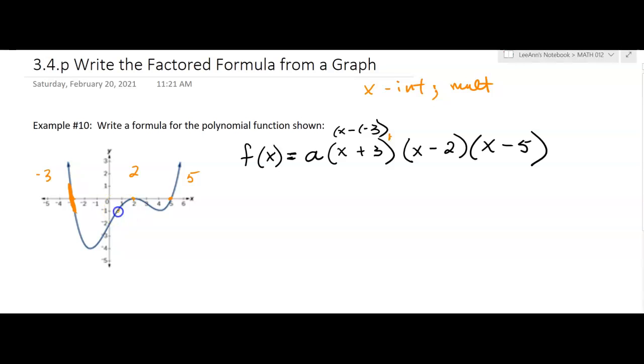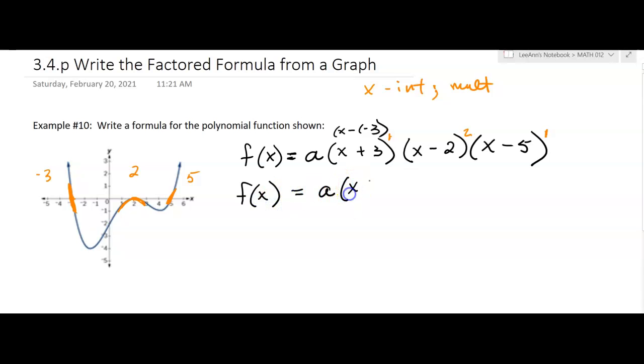And then it looks like it's coming up and touching here at the 2. So that's got to have an even multiplicity. And so we're going to say the multiplicity is 2 because we're going for least degree. And then it's crossing through again, just kind of straight on through at 5. So we're going to say the multiplicity is 1. Okay? So we get our polynomial right now to say f of x is a.